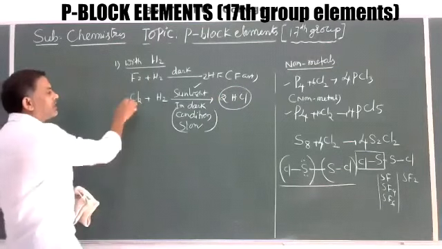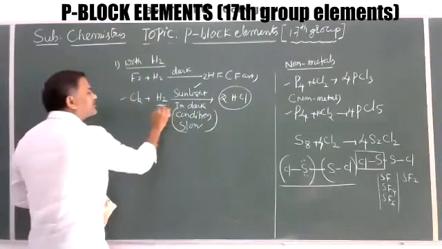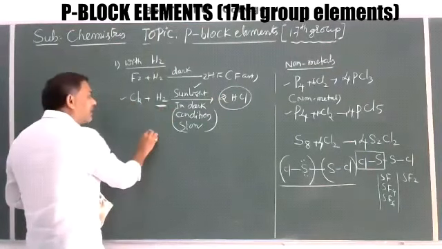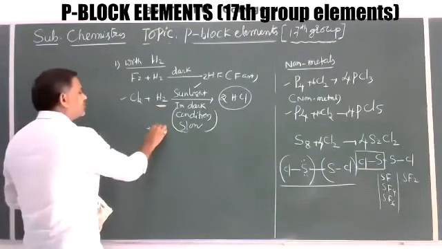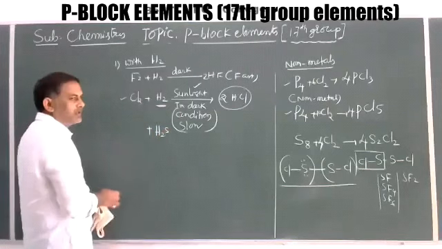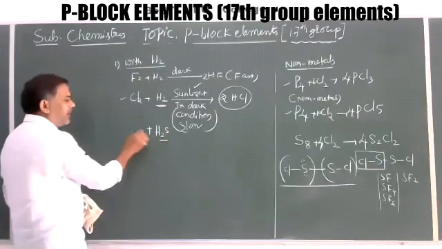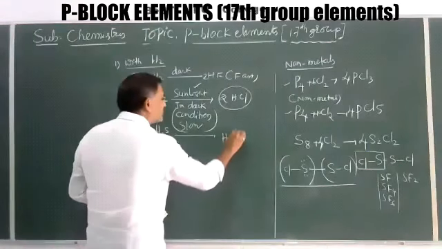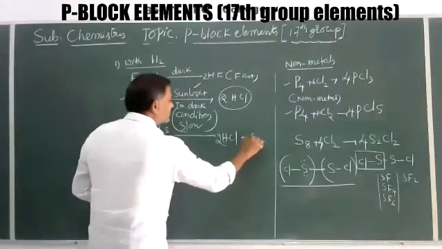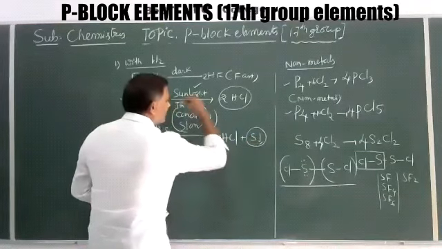The third point is that chlorine reacts with hydrogen or hydrogen-containing compounds like H2S. Hydrogen sulfide reacts with chlorine and gives hydrogen chloride, and sulfur precipitate is formed.